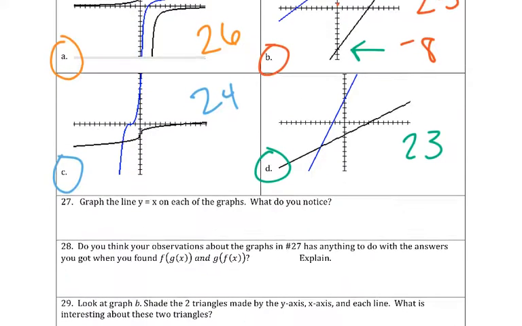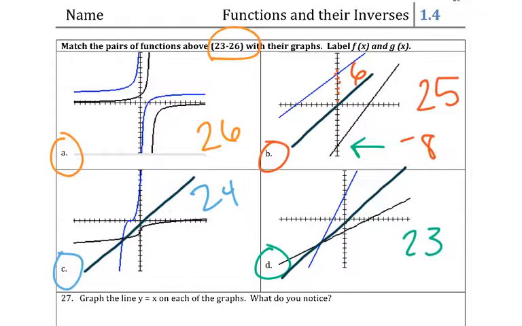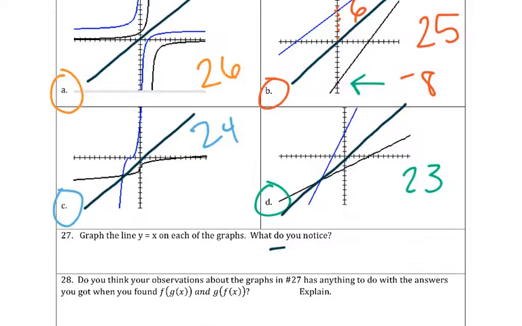Okay. Now it says graph the line y equals x for each of those. Okay, the graph of y equals x looks something like that. Okay, now it says, what do you notice? Hopefully something we talked about, this y equals x, is a line of reflection.